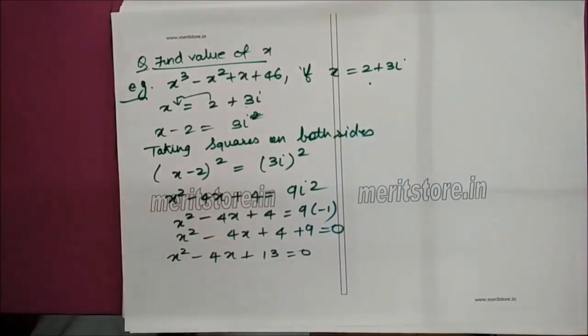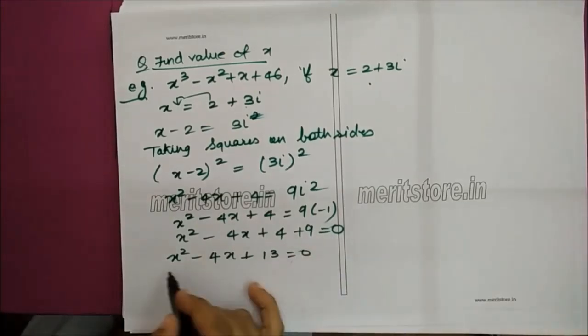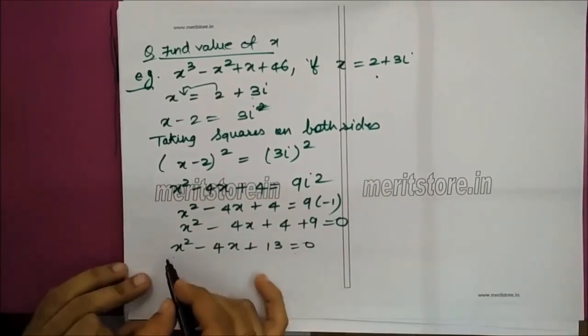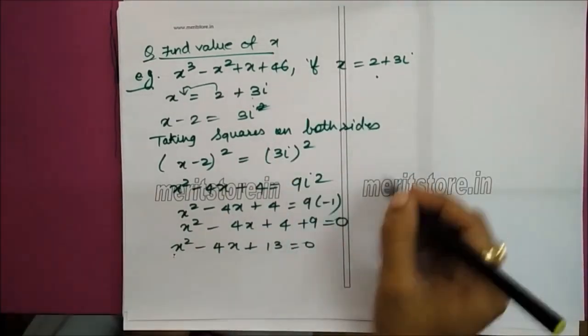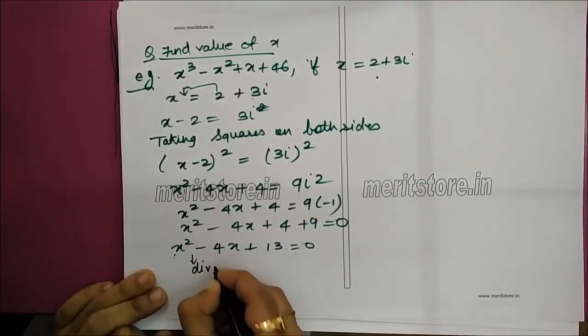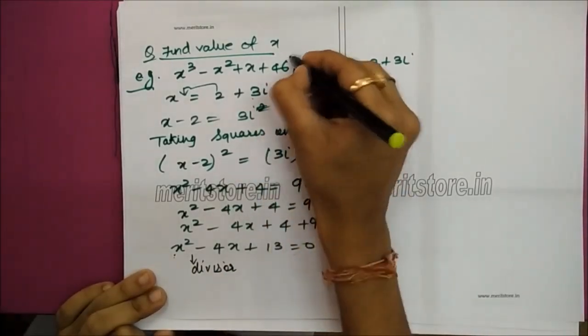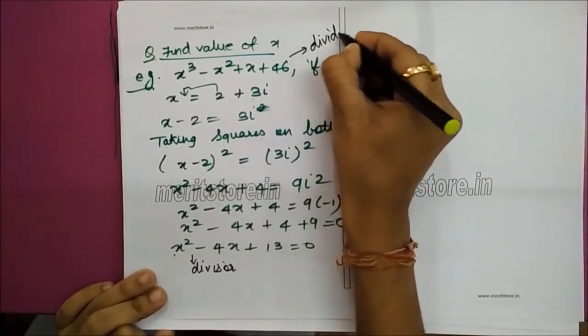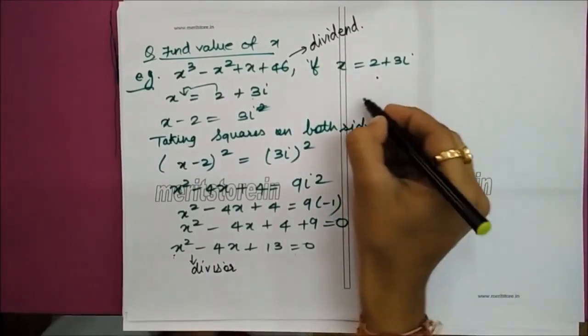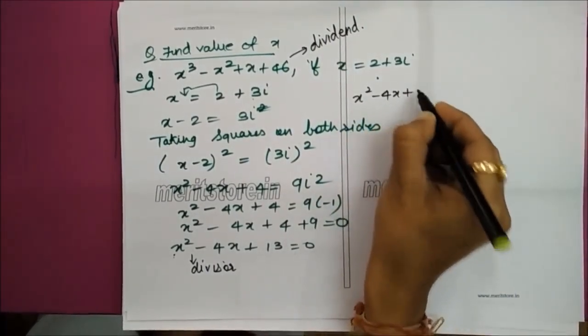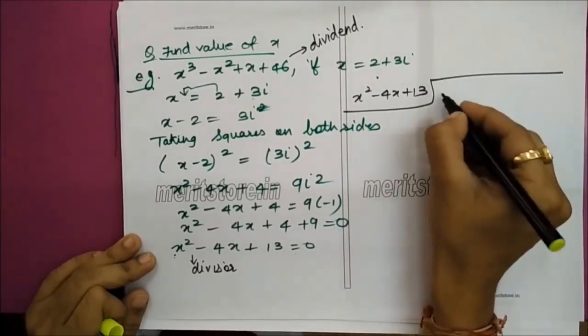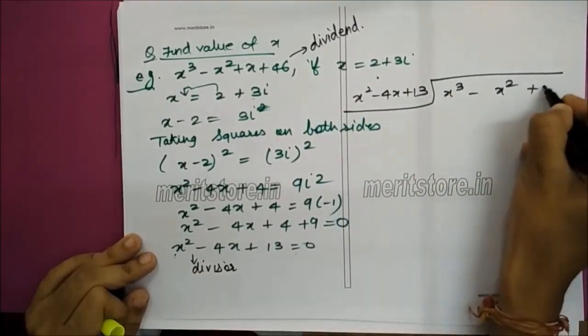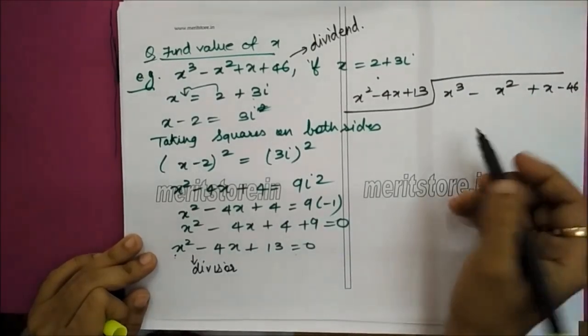After this, at a school level we have studied what is called synthetic division. Here you will apply that synthetic division and get the answer. You will divide your this equation with this equation. Now this will be your divisor and this would be your dividend. Right? So x² − 4x + 13 divided into x³ − x² + x + 46.